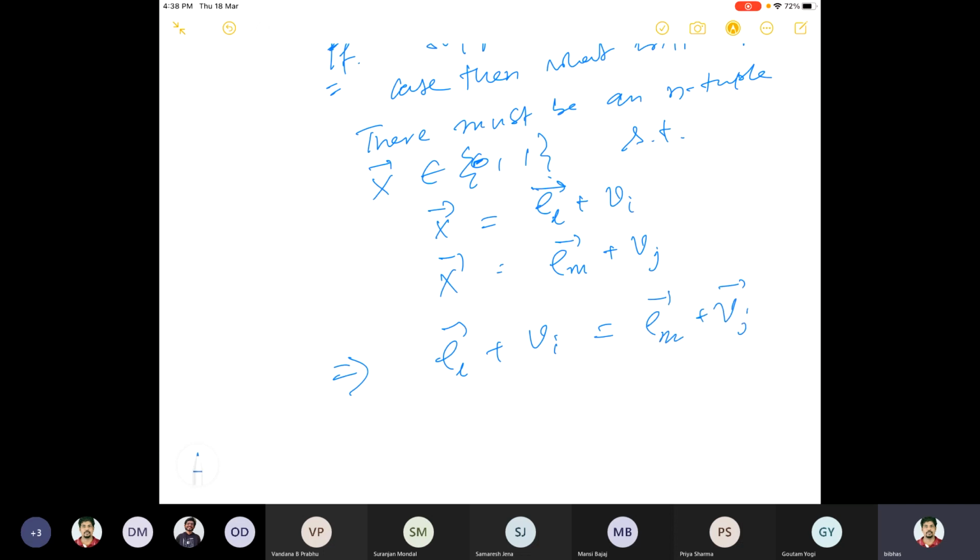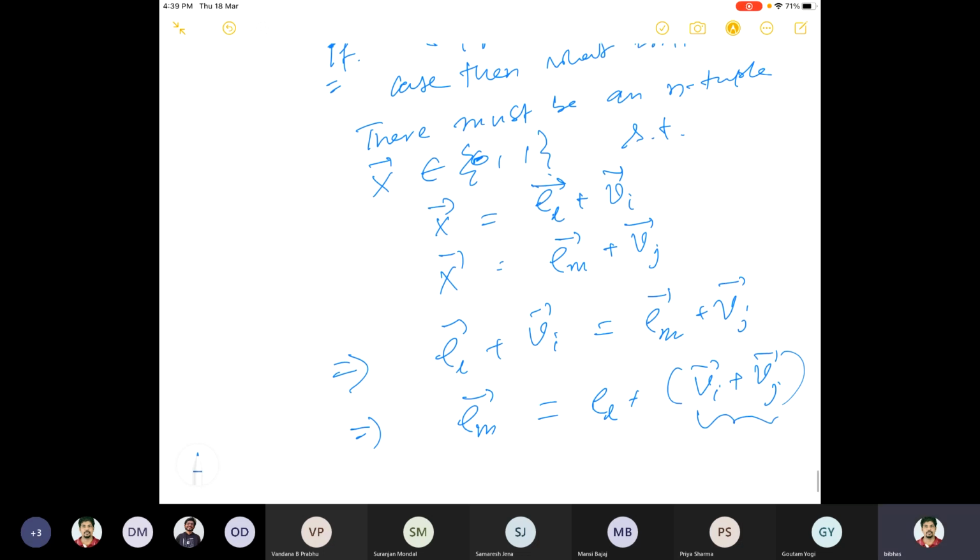If this is the case, then we can say EM is equal to EL plus VI plus VJ. But VI and VJ both are code words, so this sum is also a code word.